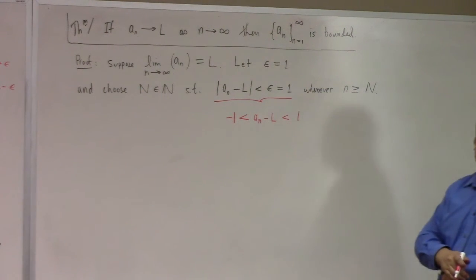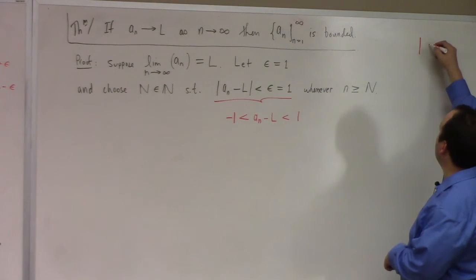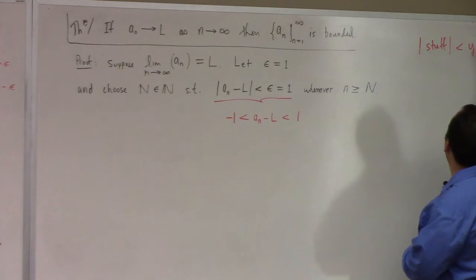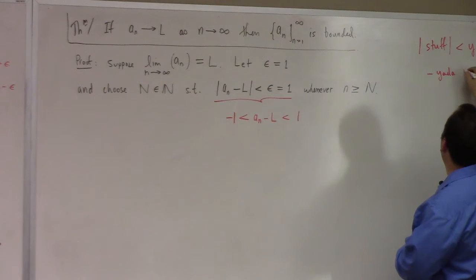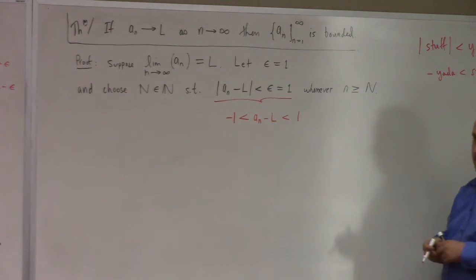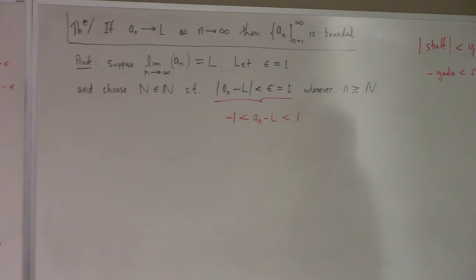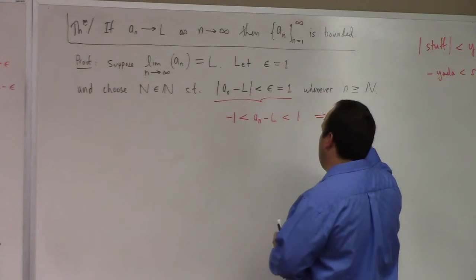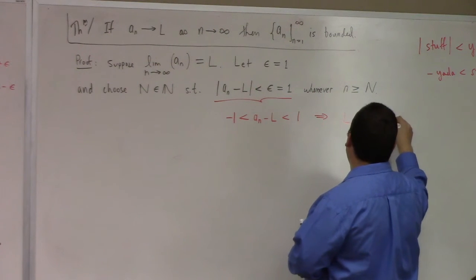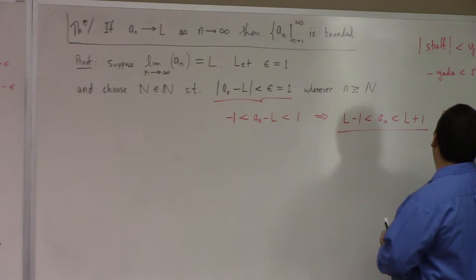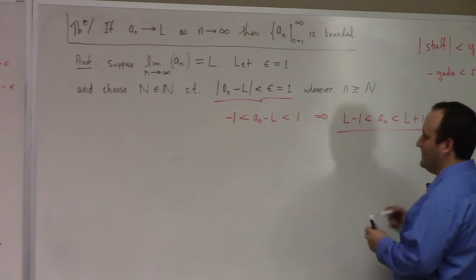If the absolute value of something is less than yada, that means that minus yada is less than stuff is less than yada. One of your basic laws of inequalities. So this implies that L minus 1 is less than a sub n is less than L plus 1, for n greater than or equal to big N.